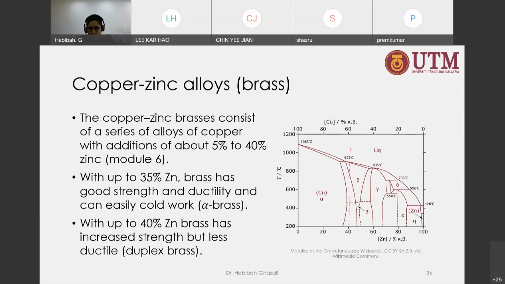We will have a microstructure consisting of alpha and beta, two phases. These materials will be stronger, but at the same time less ductile if we compare to this one.